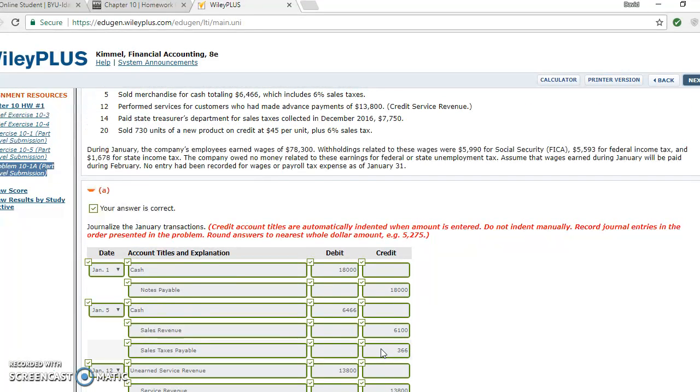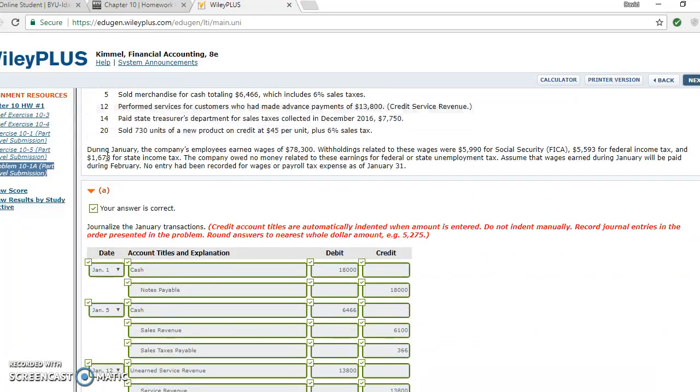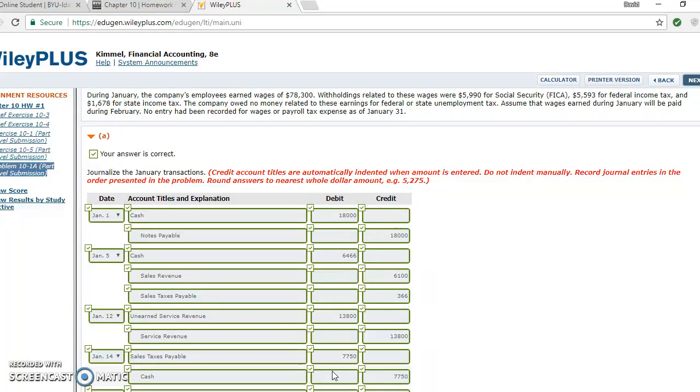So the next entry is that they perform services for what was already paid in advance. So first we give the date of January 12th, and then we have the unearned service revenue, which reduces the unearned service revenue that we had in the beginning. The amount was $13,800, which we debit to unearned service revenue, and we credit service revenue for the same amount.